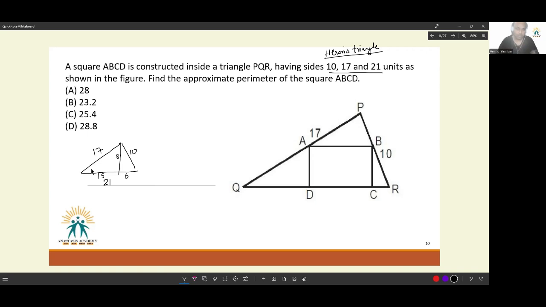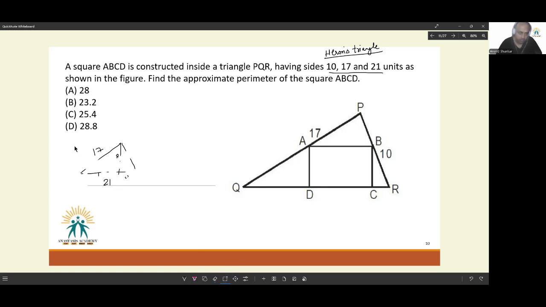When they are pushed together against each other, they create a Heron's triangle where the length of sides is different from each other, and yet the area turns out to be integral. This sort of working is happening. Now 10, 17, 21 is a very common example of this. Although Heron's triangles by themselves are not common, wherever they come, 10, 17, 21 is a very common example. If you know this already, then your work becomes easy.